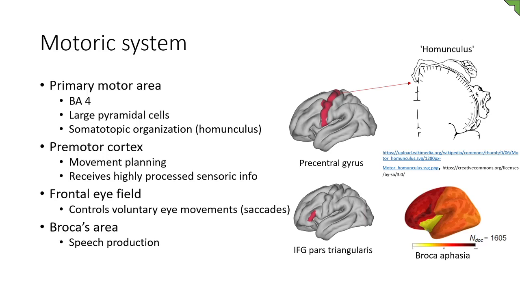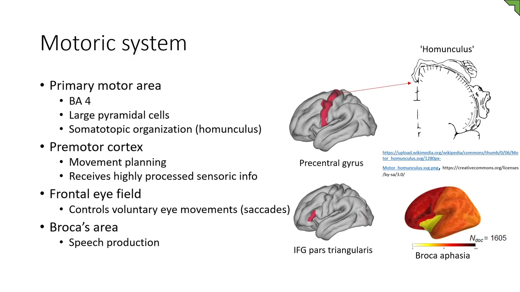So if you follow an object, for example, a finger, you can do this slowly. But if not, you can only do fast eye movements. We call these saccades, so it goes from one target to the other one. And these are voluntary eye movements, and they are controlled by the frontal eye fields, which lie in the area of the supplementary motor areas.